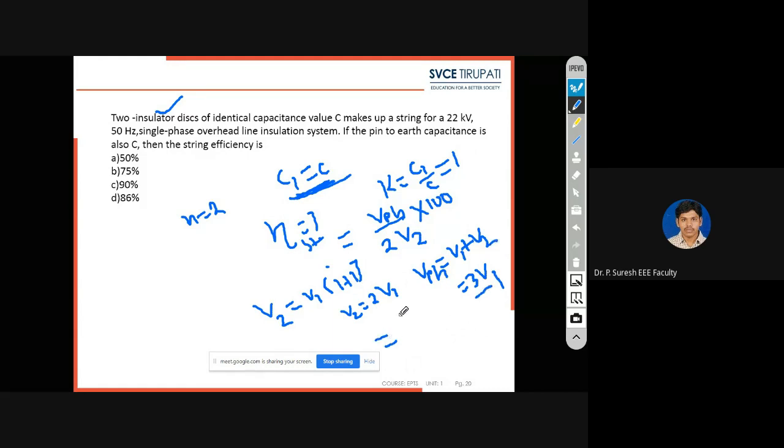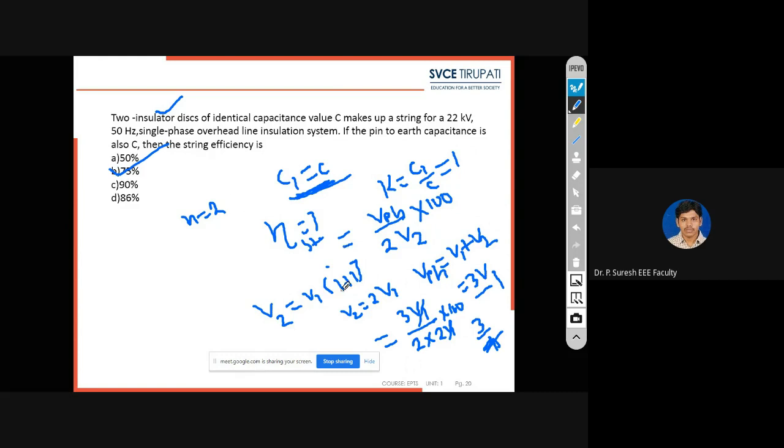So directly I substitute 3V1 by 2 into 2V1 into 100. V1 cancels, we get 3 by 4. How much percentage is 3 by 4? 75. So they will give problems like that.